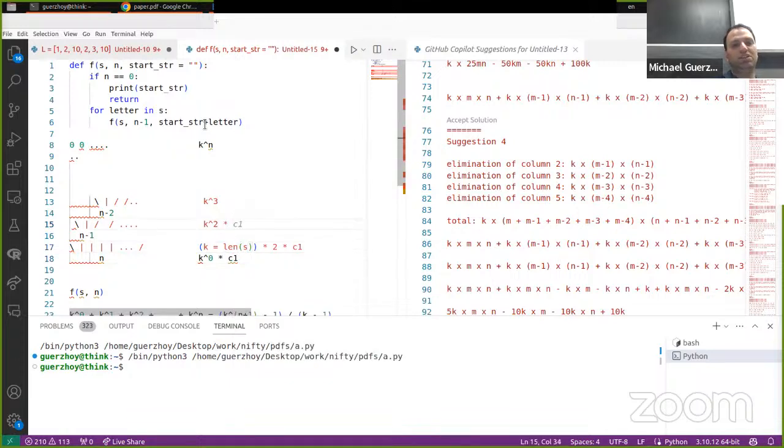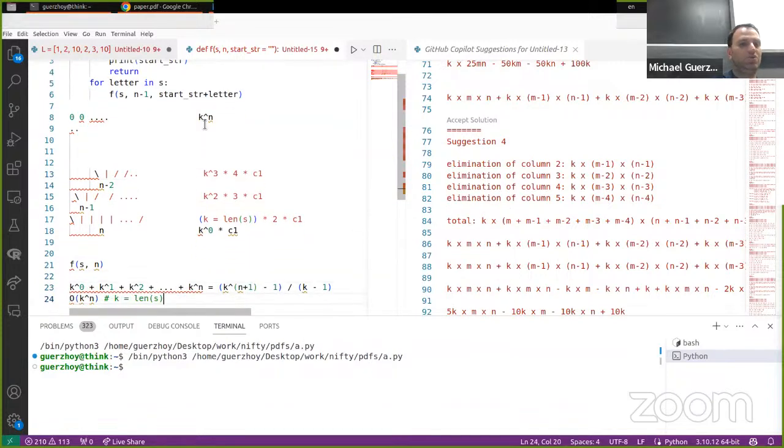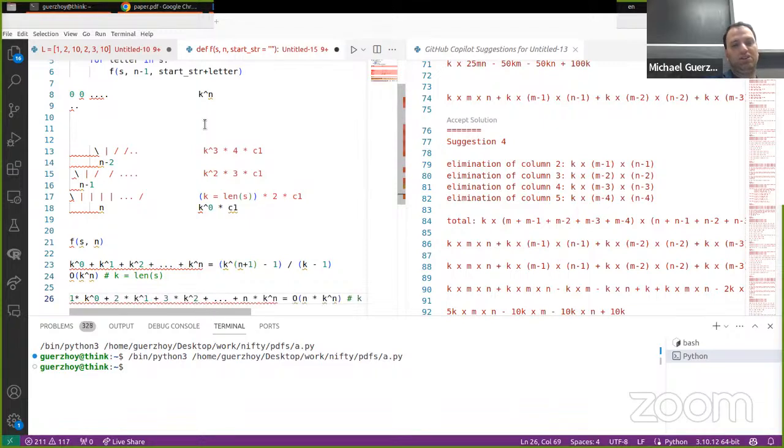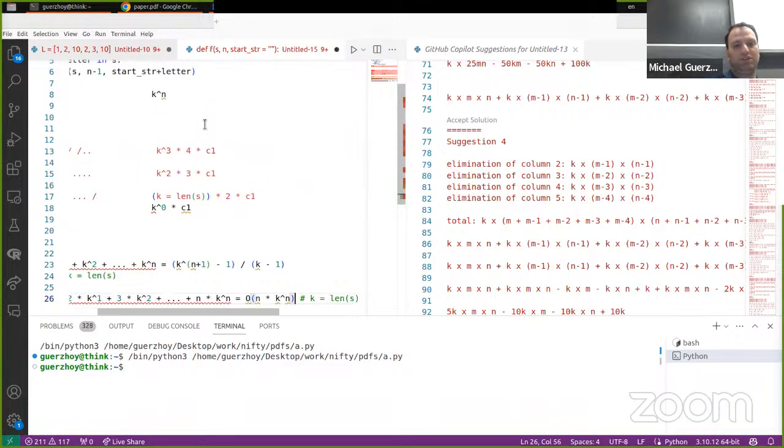And this would be times 3 times C1, and this would be times 4 times C1, and so on. So that would be K to the 0 times 1, K to the 1 times 2, K squared times 3, and so on.